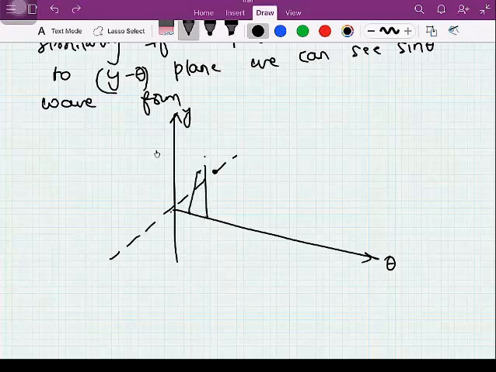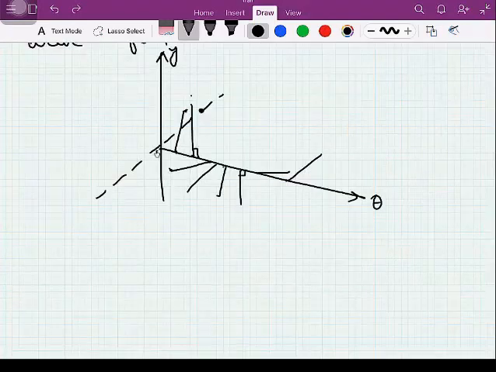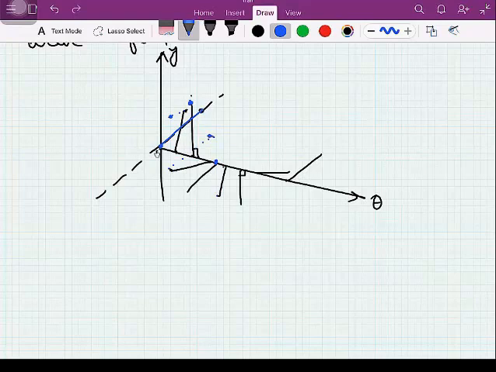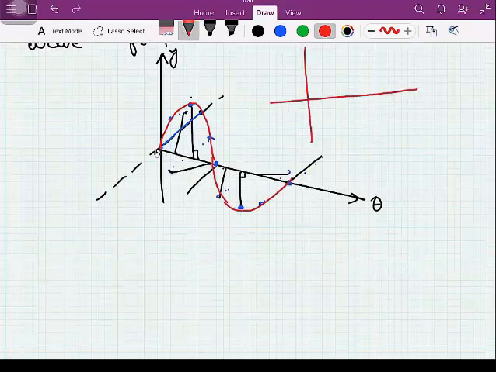Once you join, we need to see what kind of shape it comes up to. Here I'm randomly taking the values for theta to be 0, π/4 and π/2, which will be easy to plot. You can see the projections onto the y-theta plane, and it is coming out to be a known shape, that is the sine wave. And this is how we plot the sine wave from the spiral.